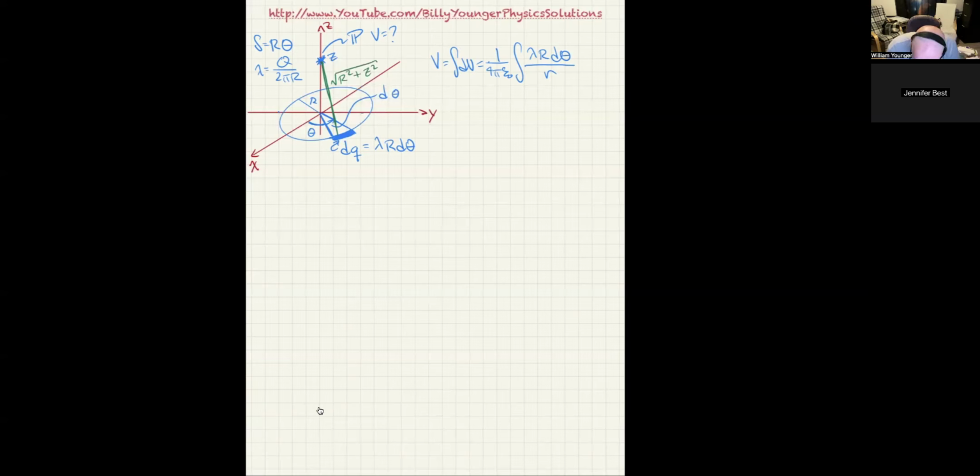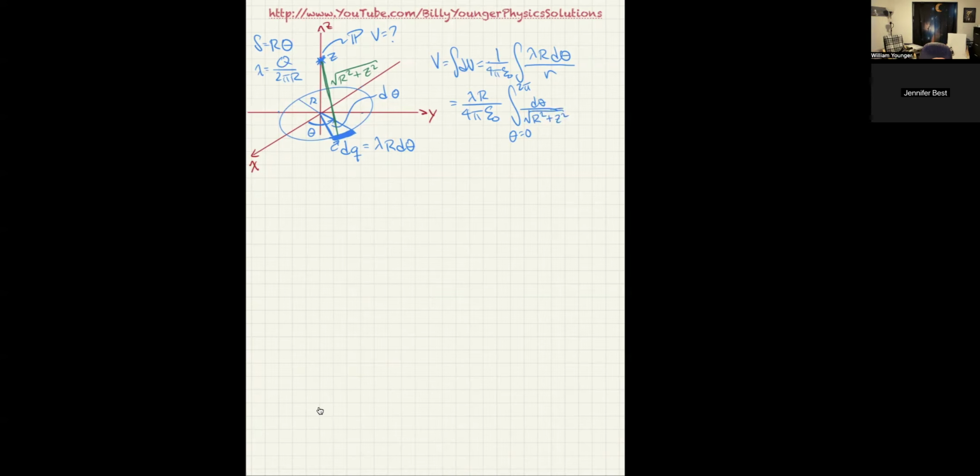Okay, so now I can go ahead and write, pulling this lambda and the R out in front, lambda R over 4 pi epsilon naught is equal to the integral from theta equals 0 to 2 pi of d theta divided by the square root of R squared plus z squared.